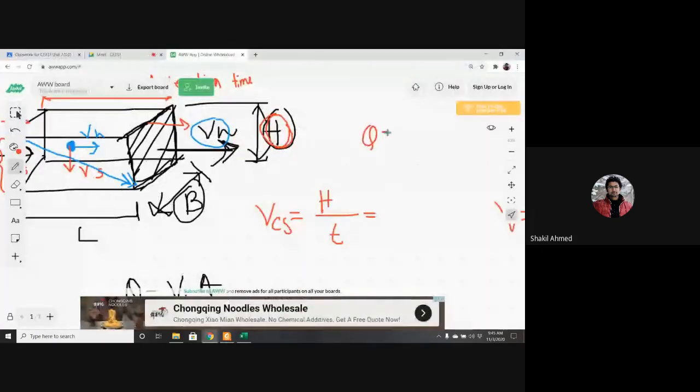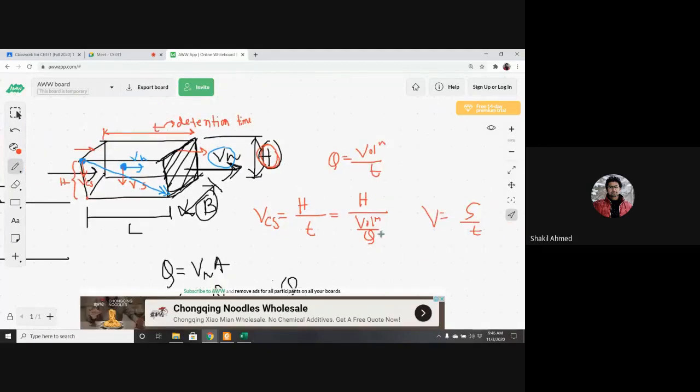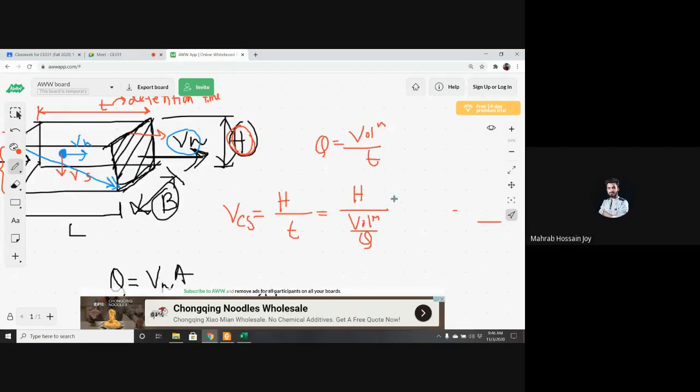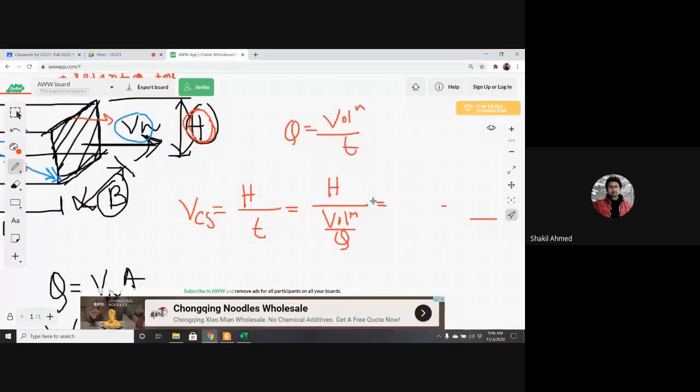Now, if Q equals volume over time, then T equals volume over Q. So the critical settling velocity is Q into H divided by volume.